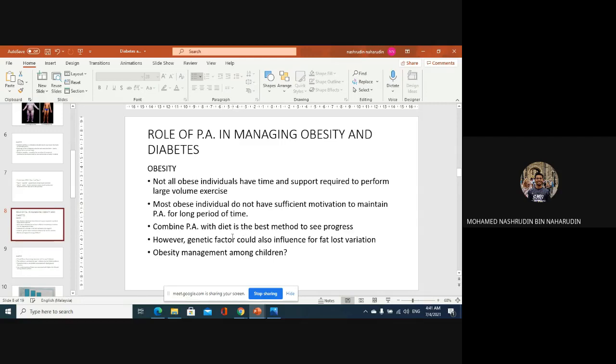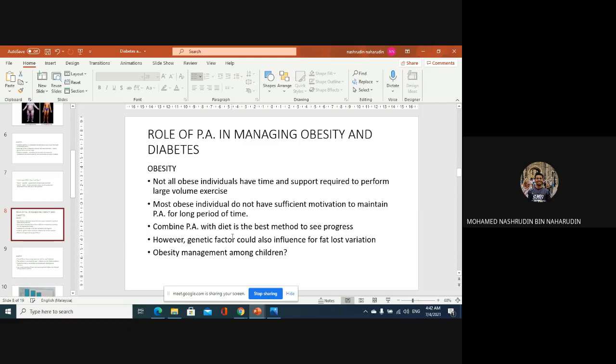So you need to understand how to prescribe or design a diet, and you must also know how to do calorie counting. It's not difficult. I believe you have learned this in one of your courses, probably sports nutrition. So yes, you can apply that together with the training program.